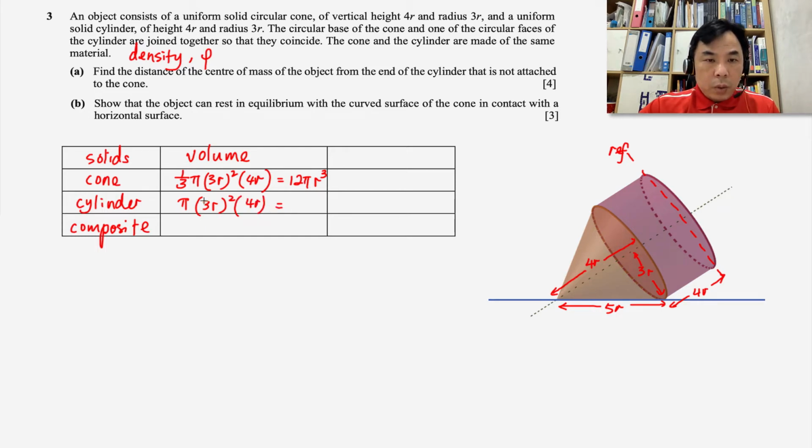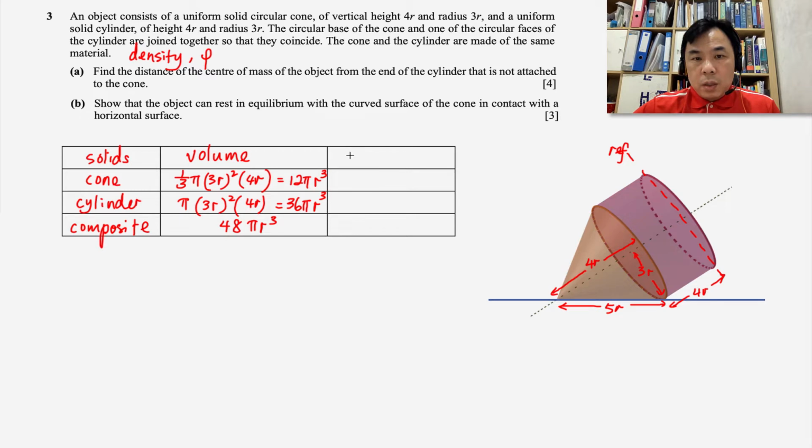And that will give you 36 pi r cubed. All right, so just let me check through in case I miss out any symbol or variable here. Okay, I think I'm good. And then the combined solids or the composite solids, we just need to add up their volumes here. We have 48 pi r cubed there. There should not be any problem here. All right. And then next, we are interested in the center of mass.